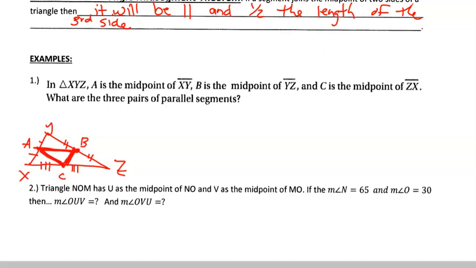Okay. What are all three pairs of parallel segments? Well, midsegment AC is going to be parallel to what side? AC must be parallel to YZ. What about AB? Midsegment AB is going to be parallel to which side? XZ.